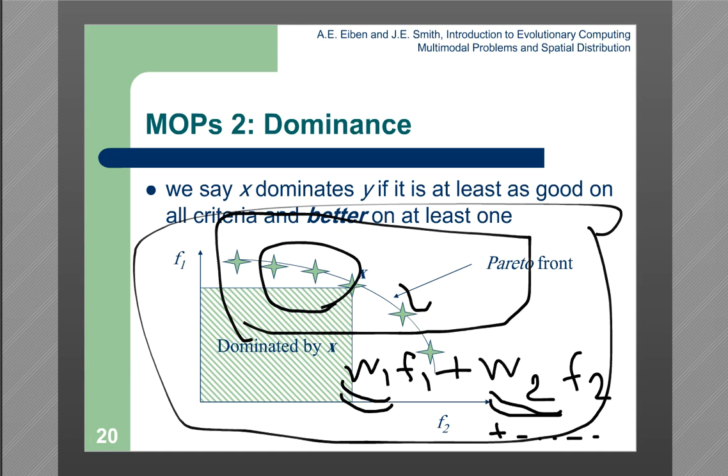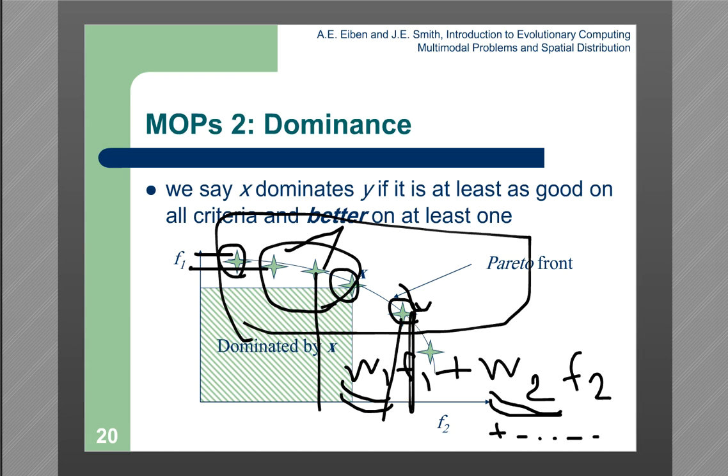For example, if you select this and this, it is better by F1, but the other is better by F2. Or sometimes you select this or this, it is better by F2, but the other is better by F1, or this and this.